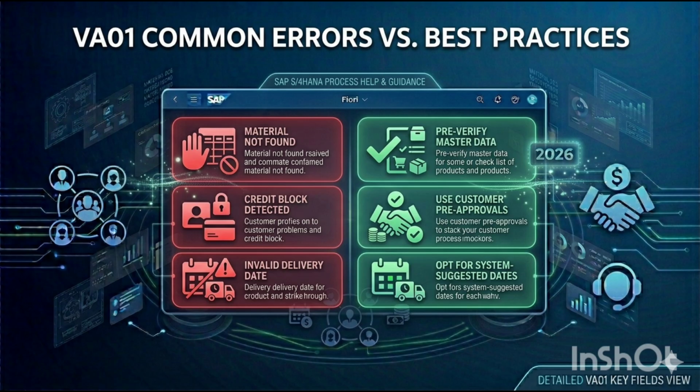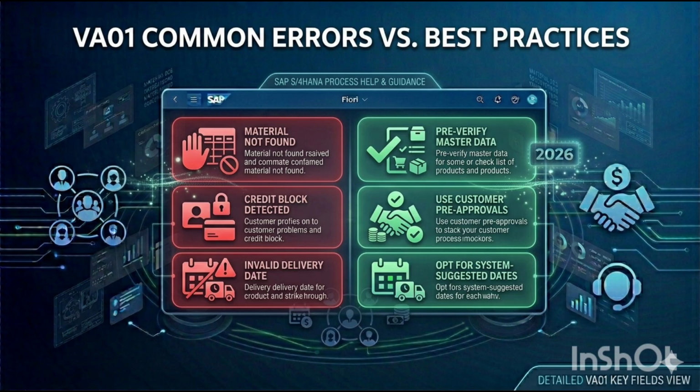Use the check function Ctrl F2 before saving. In S/4HANA, take full advantage of the built-in intelligence, simulation features and real-time validations. These small habits will quickly make you a confident and efficient SAP SD user.